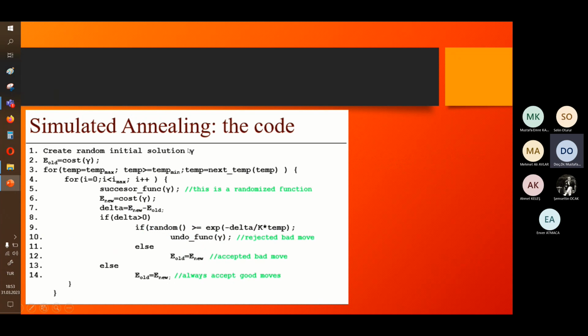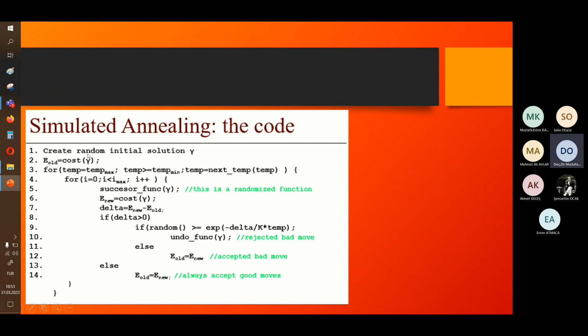Let's say the initial solution is C. All the time we are looking for what the solution is, and the solution is given with this Greek letter, and that solution's cost will be assigned as the energy level. Actually, this is the fitness cost, the fitness function.